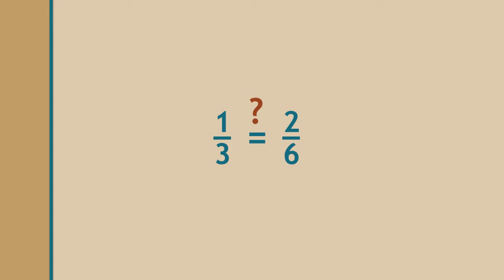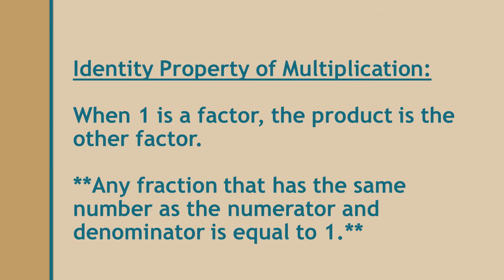Well, I'm going to walk you through the steps, and the first thing we're going to talk about is the identity property of multiplication. So this should look familiar. The identity property of multiplication is something that we've talked about before when we were doing our multiplication unit.